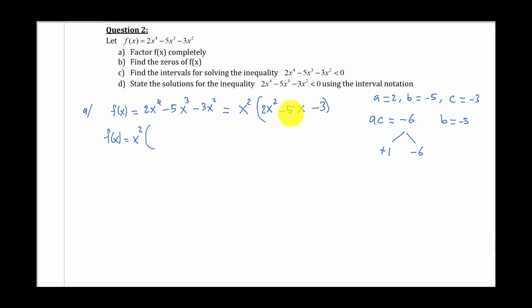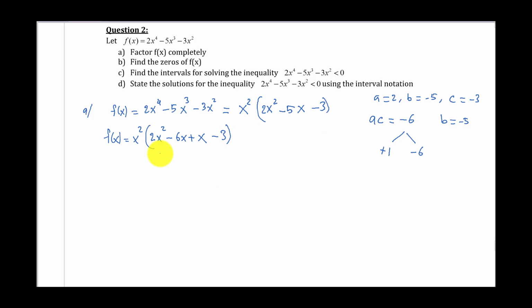Now I can rewrite the middle term minus 5x into the sum of minus 6x and 1x. So the first term 2x squared, I keep the same. The middle term minus 5x, I rewrite into minus 6x plus 1x. Because minus 6x plus 1x gives me minus 5x, so I did not change anything. And then keep minus 3.